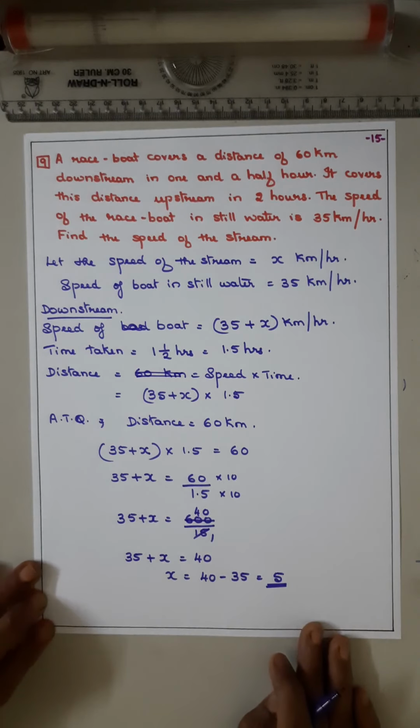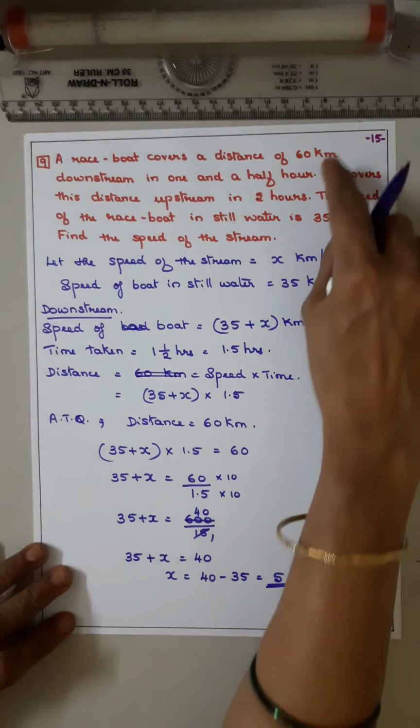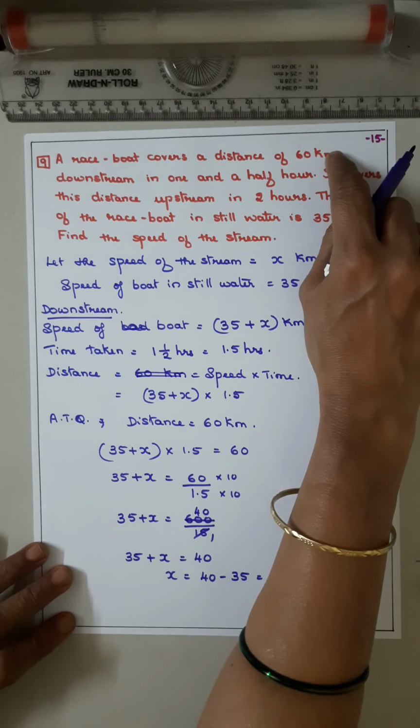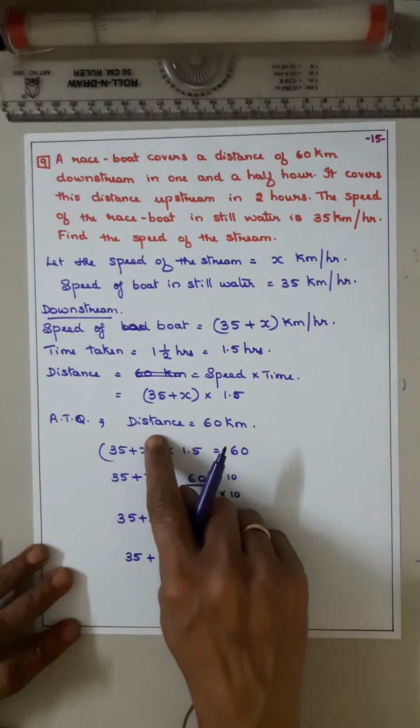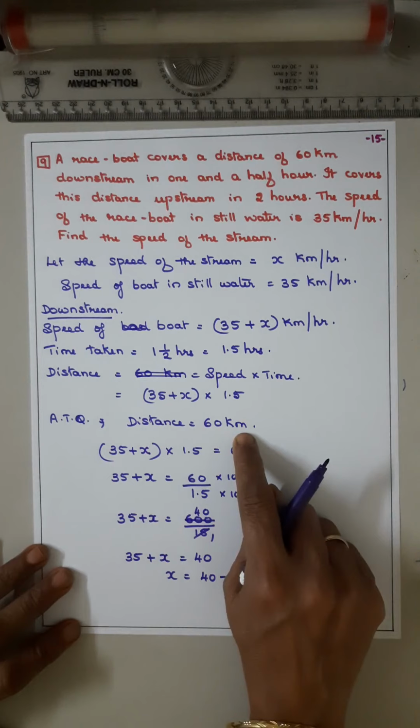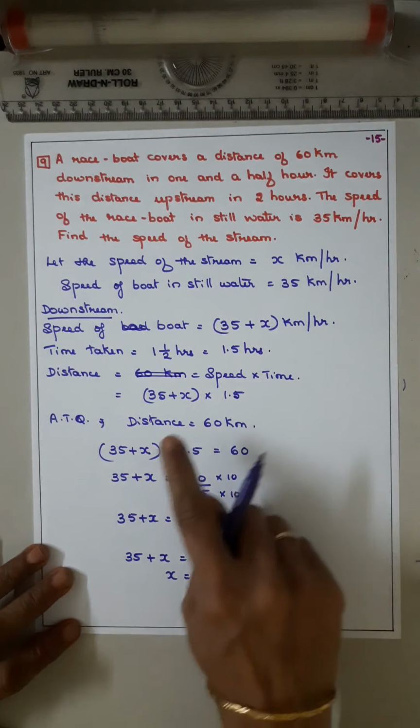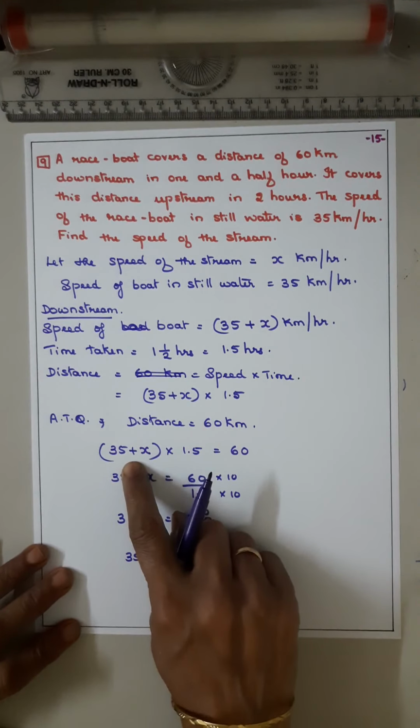Okay. See here, the distance is already given. So that is why you can use this directly. Otherwise, you have to do the same method, upstream, downstream and all. But here, already the distance is given. So, according to the question, distance is 60 kilometer. According to this, it is speed into time.